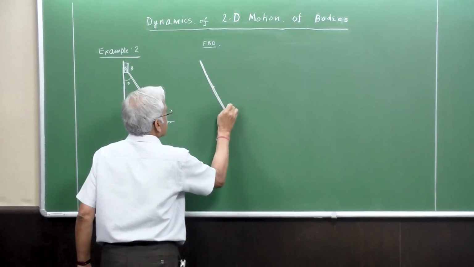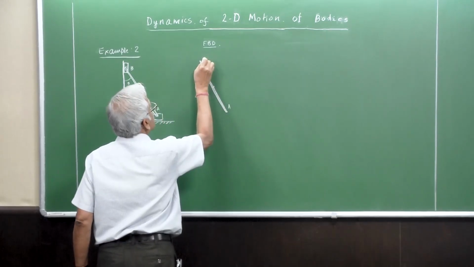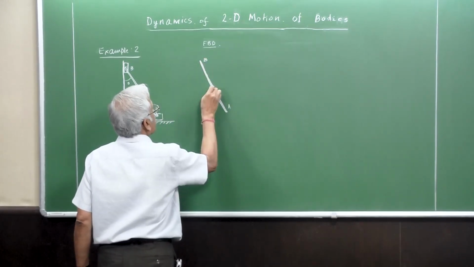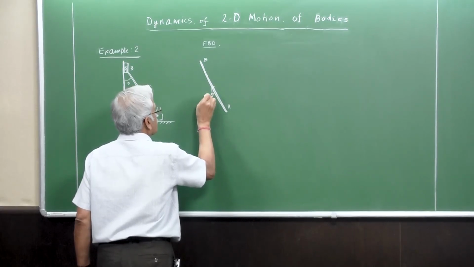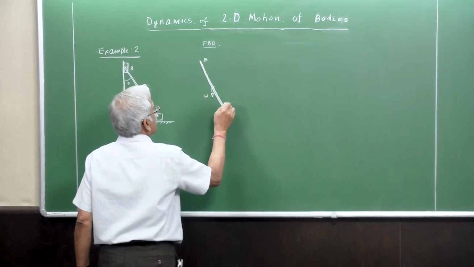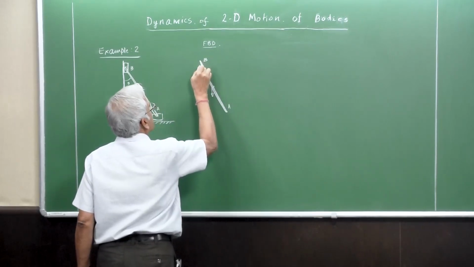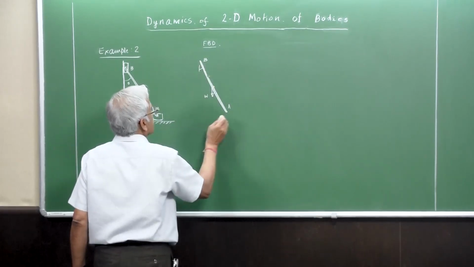So we have AB here, being acted upon by weight at its center, and its angle here is theta.